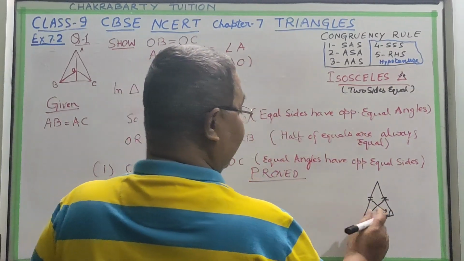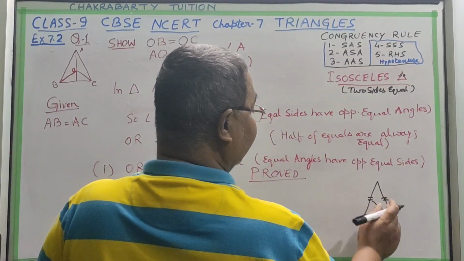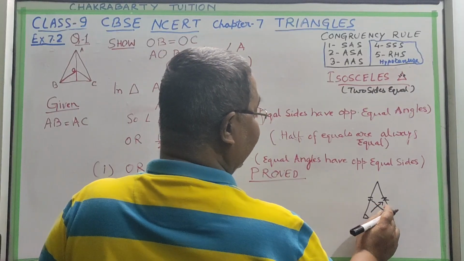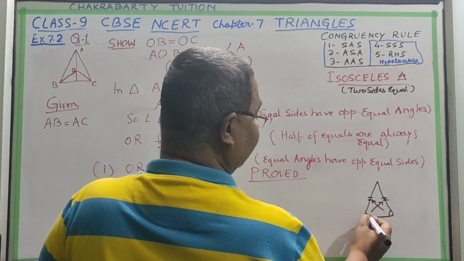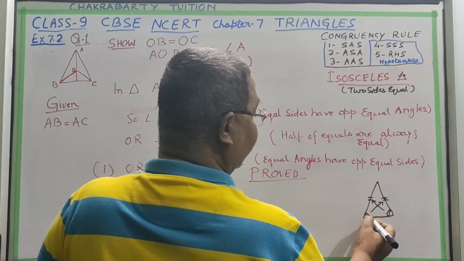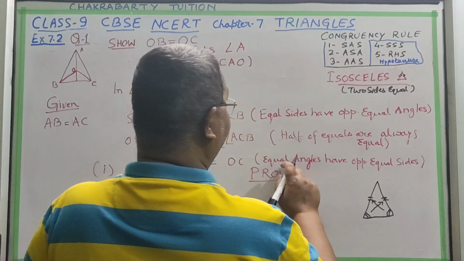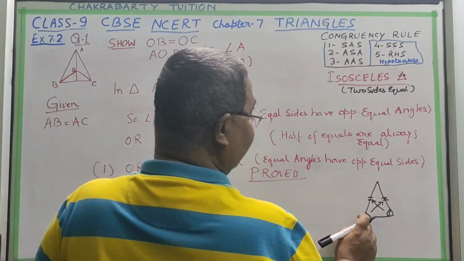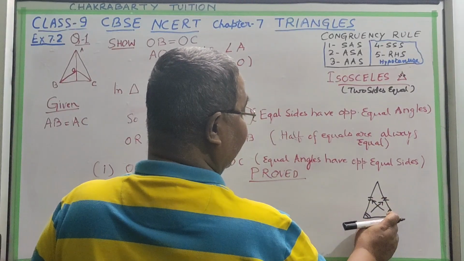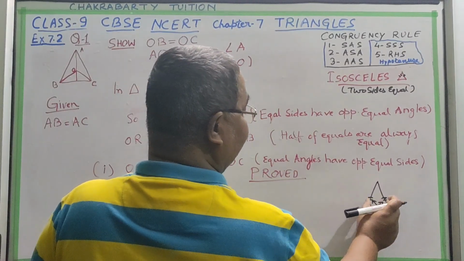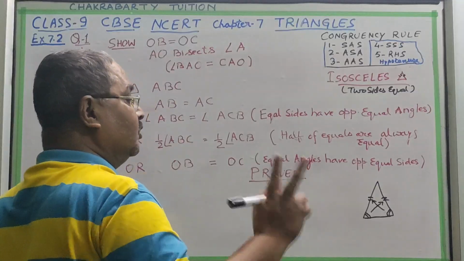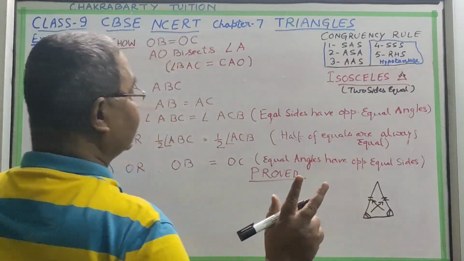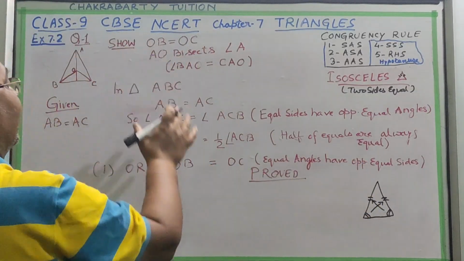The other thing is the same: if the angles are the same, suppose these angles are the same, then the opposite sides are equal. Equal angles have opposite equal sides, which means these sides will be equal. So there are two properties of isosceles triangles that we will use in all questions.